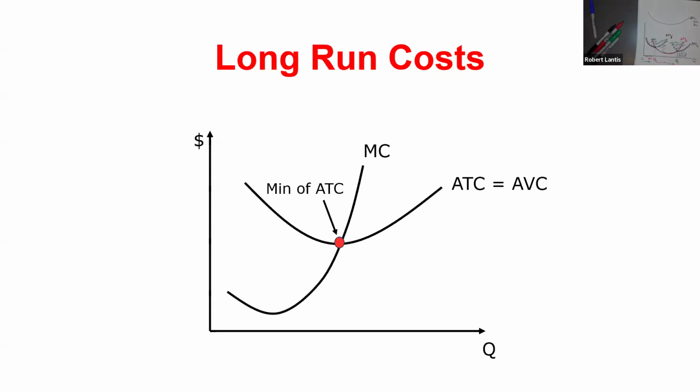So in my example here, we'd be moving to different production facilities. Now it still has this U shape because the reason we're moving to those larger production facilities is that it's lowering our per unit costs, right? But it's still going to have this U shape to it.